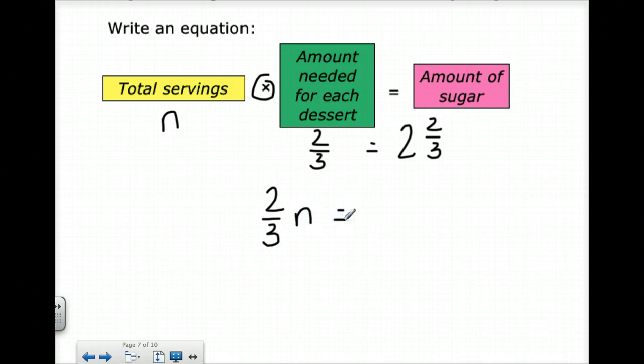We have a mixed number on the right-hand side of our problem. Let's go ahead and convert that into an improper fraction. 2 2/3, remember we're multiplying and then adding. We end up with 8/3.